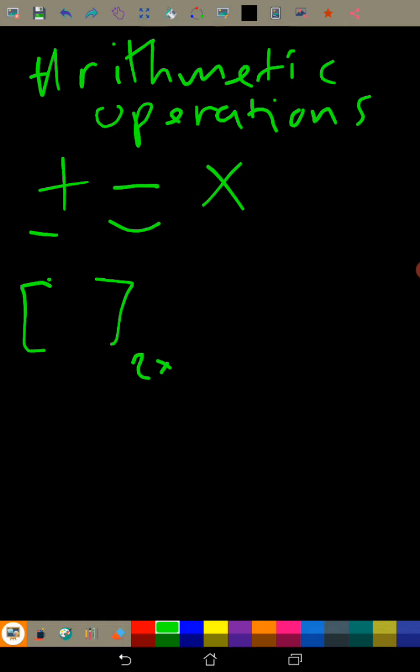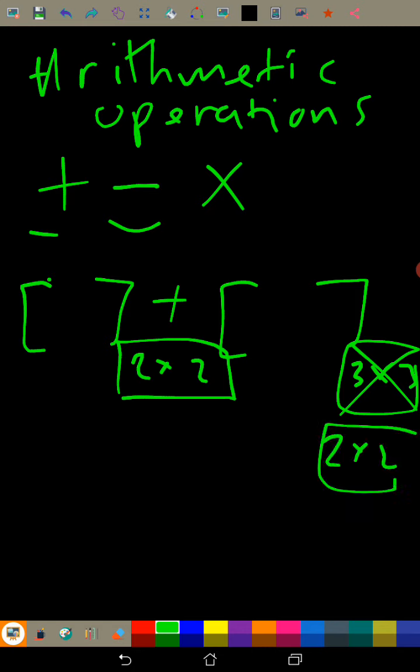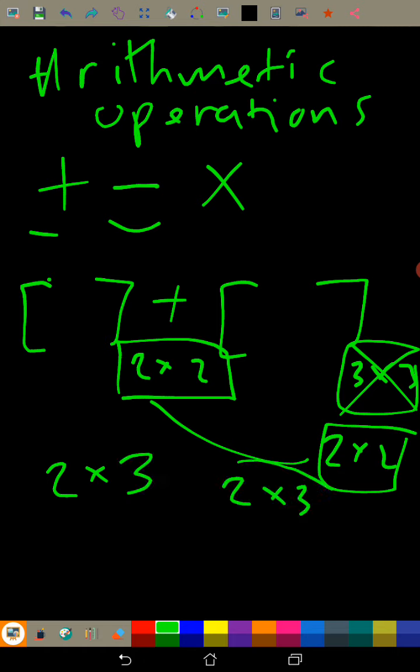So a 2 by 2 and a 3 by 3 is not possible. It has to be 2 by 2. Same size means the dimensions are equal. If it was like this, it should be also like this. This is the square matrix, but you got the idea.